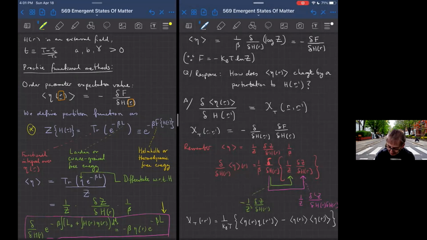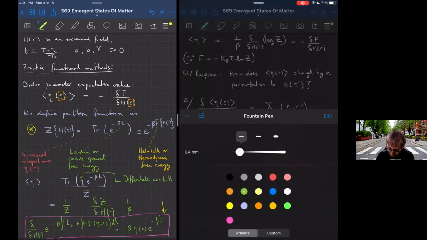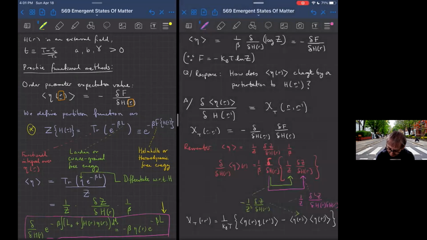Okay, so let's just make sure we understand that this term over here is going to give us this one, and this one over here is going to give us this one. And the reason you get this is that I've got 1 over z squared dz by dh of r times dz by dh of r.